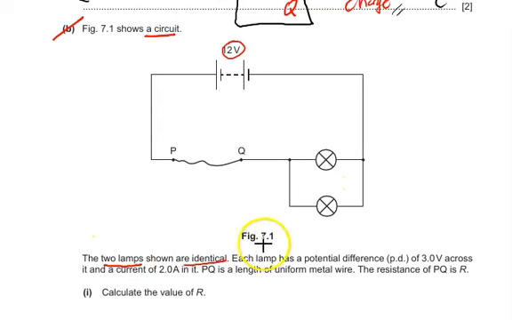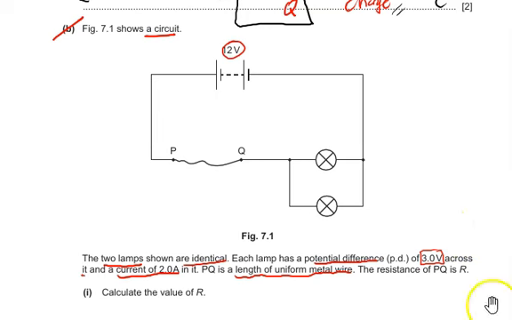Each lamp has a potential difference of 3 volts across and a current of 2 amperes in it. PQ is the length of a uniform metal wire. So the resistance of PQ is R.